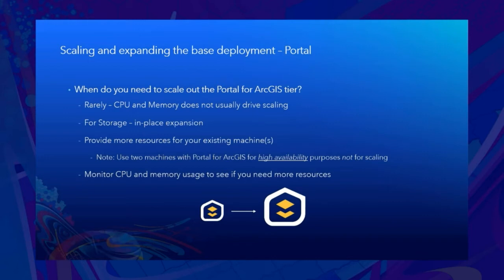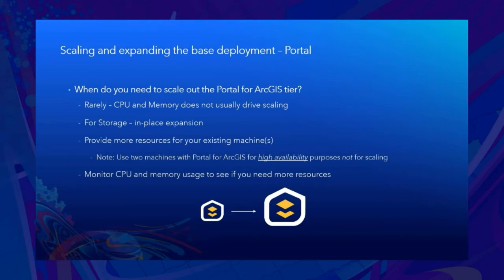Portal for ArcGIS is often going to scale up, where we need to provide more resources for our existing machines. So we can provide additional CPU and memory as needed. Now, from a scaling out perspective, when we use multiple machines for Portal for ArcGIS, this is for high availability purposes, right? This is not actually for scaling out.